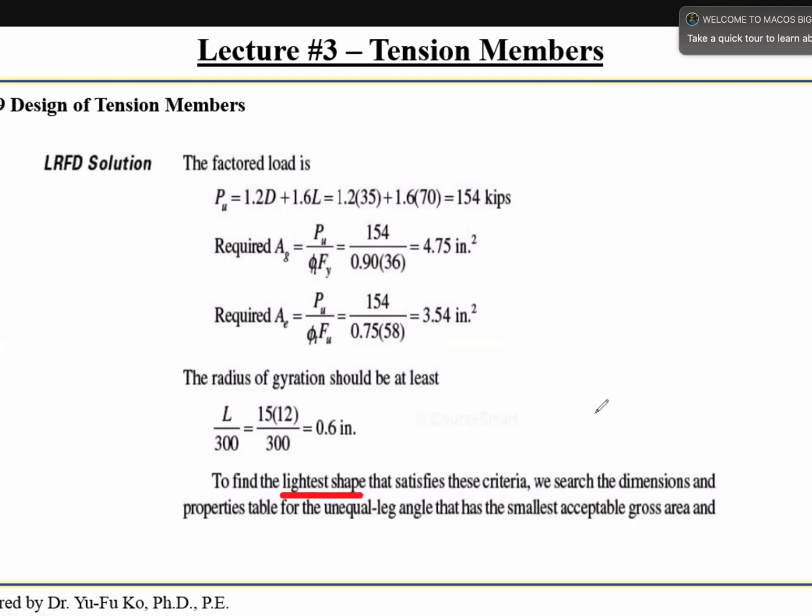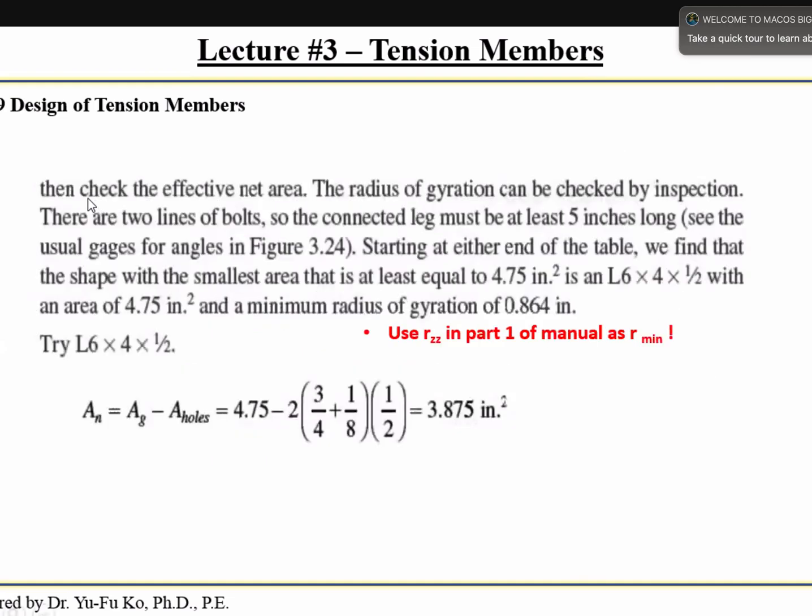We want to be most cost effective as possible. So usually we start with the lightest shape to satisfy the criteria above. So you need to go through Part 1 of the manual to look for the smallest acceptable gross area, as well as check the effective net area.